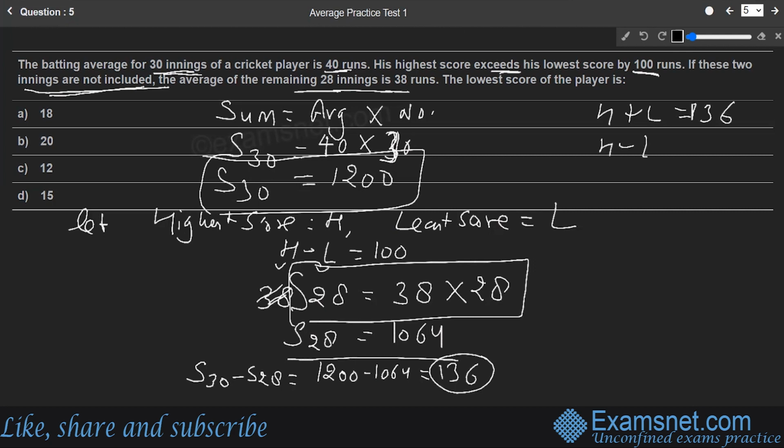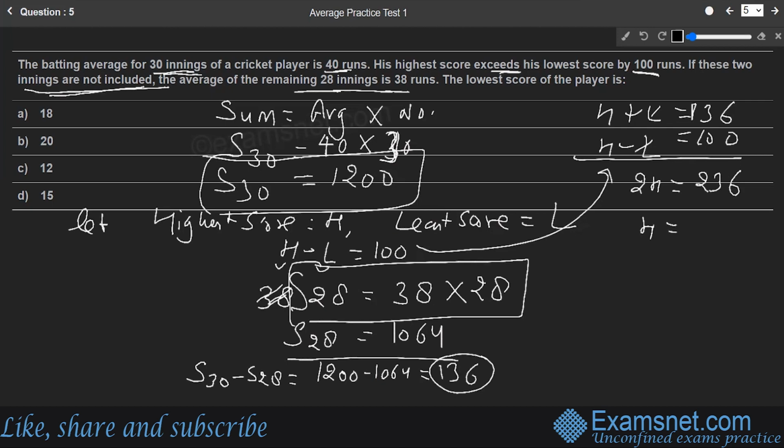H minus L we already know through our equation, H minus L is 100. Now we are supposed to solve these two equations using the simultaneous equation method to find out the highest and the least. He has asked for least, so we can find it out. If we add these two equations, 2H is equal to 136 plus 100, and L gets cancelled, so that is 236.